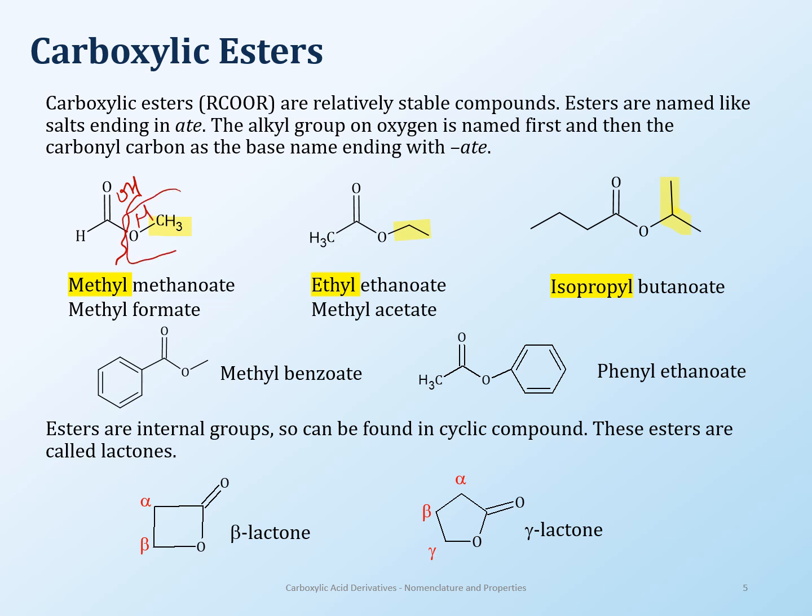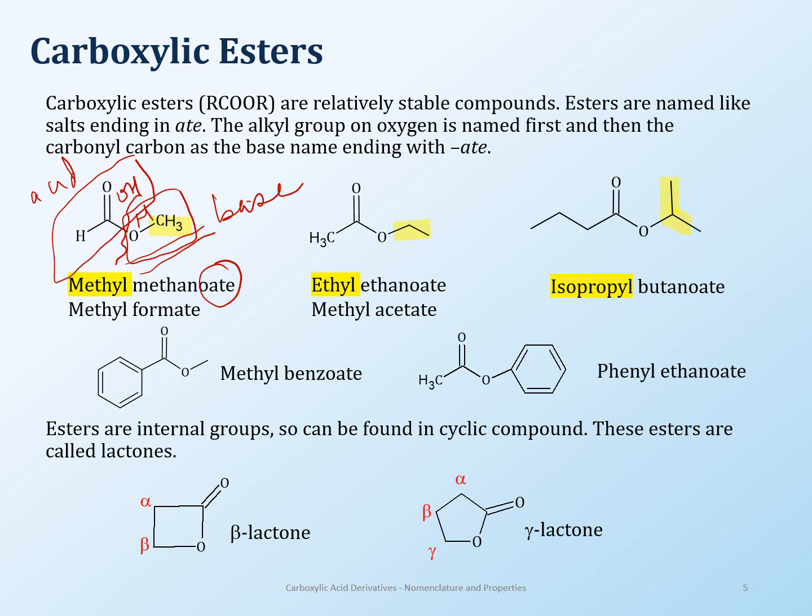So here is the alcohol and here is the acid part. The alcohol part right here is the base part, and here is the acid. Because this is an acid-base reaction, you end everything in ate. As soon as you hear that something is an ate, it's a salt. So if it's a salt, this carboxylic acid is an acid. Where is my base? The base is the alcohol here.